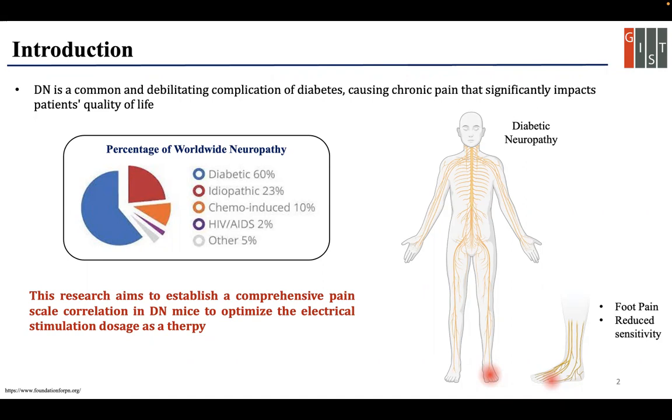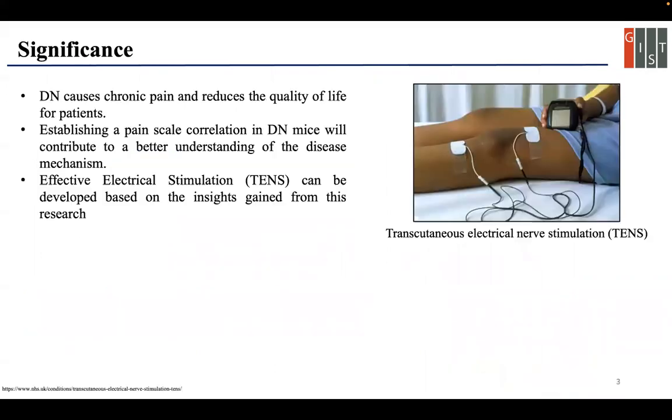When you have this diabetic neuropathy, you have some foot pain or reduced sensitivity in your legs or peripheral organs. So in my research, I aim to establish a pain scale for this diabetic neuropathy in an animal model and optimize the electrical stimulation dosage as a therapy based on the diagnosis I have gained before. So what is the significance of this project?